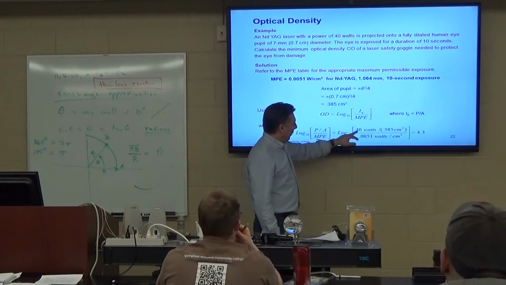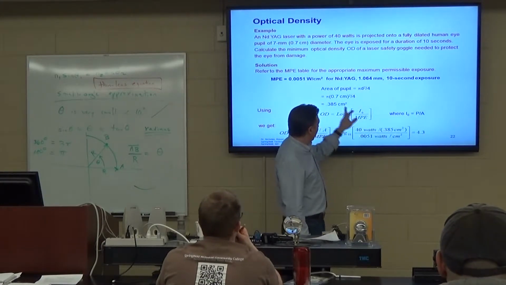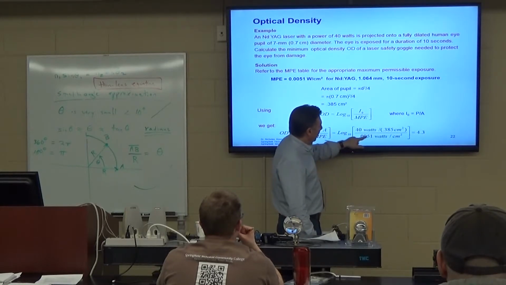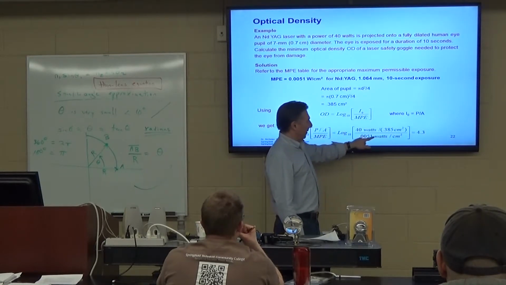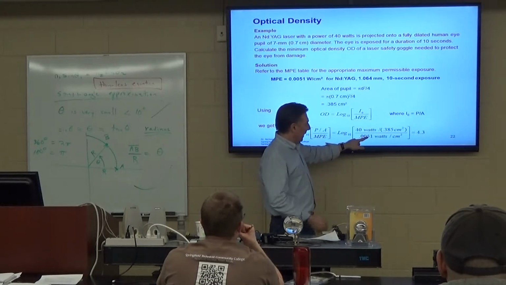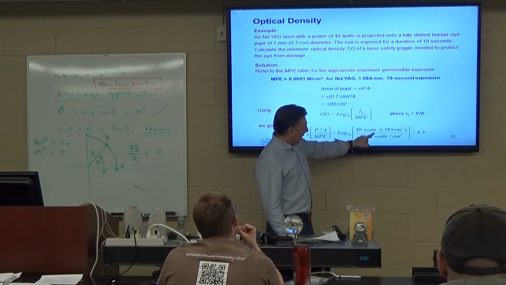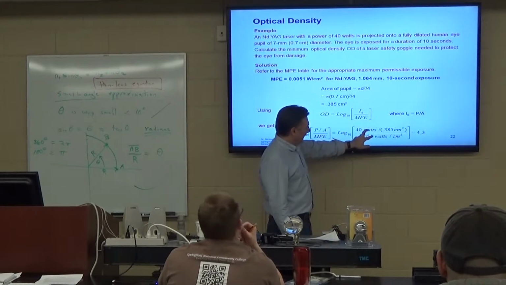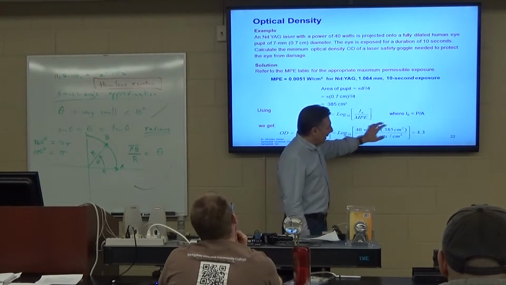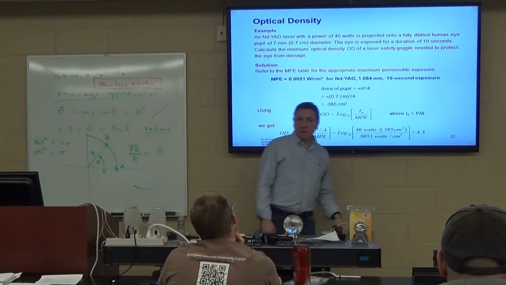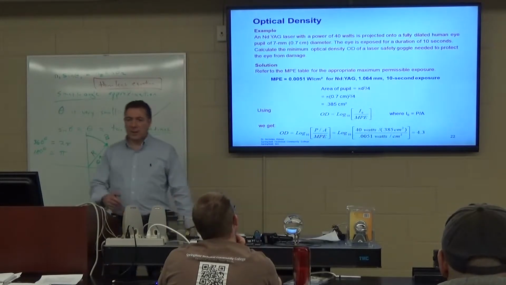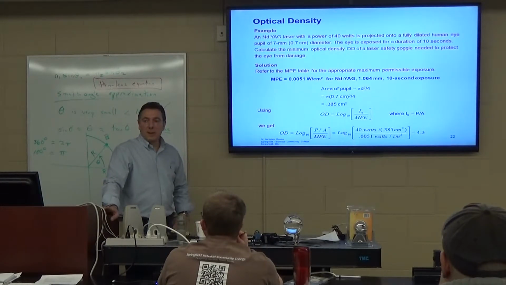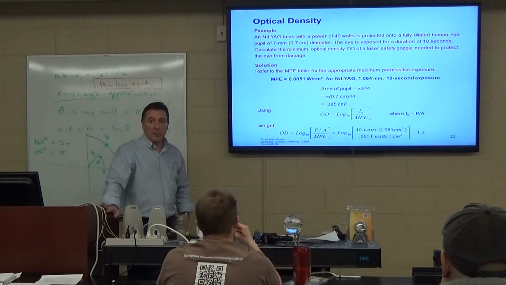If we plug our numbers in, we have 40 watts divided by 0.385 centimeters squared, which gives us the irradiance, and then divide that by the maximum permissible exposure for this particular laser, making sure watts on top, watts on the bottom, centimeters on the top, centimeters on the bottom, so everything cancels out. If you do this, you come up with 4.3 for those goggles. If somebody says, here's a set of safety goggles, the optical density is 4.3.